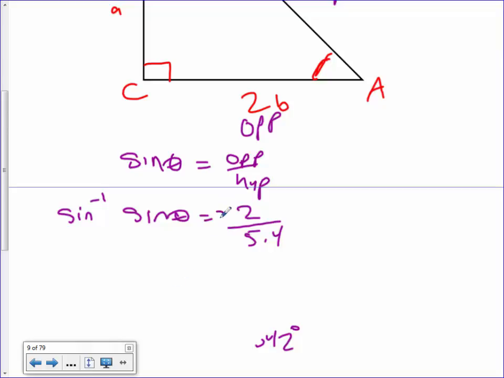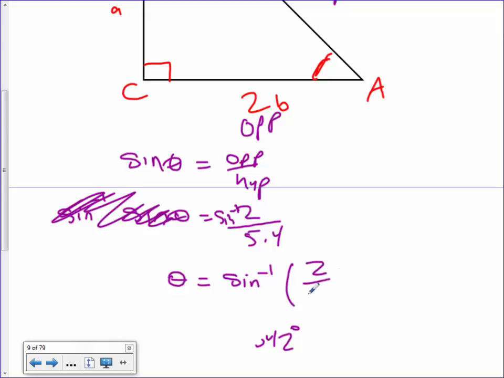So that means you have to apply inverse sine to both sides. If you do inverse sine to a sine, that just cancels away. And what you're left with then is that theta is equal to the inverse sine of 2 divided by 5.4. This is called an inverse sine, just so you guys know the terminology.